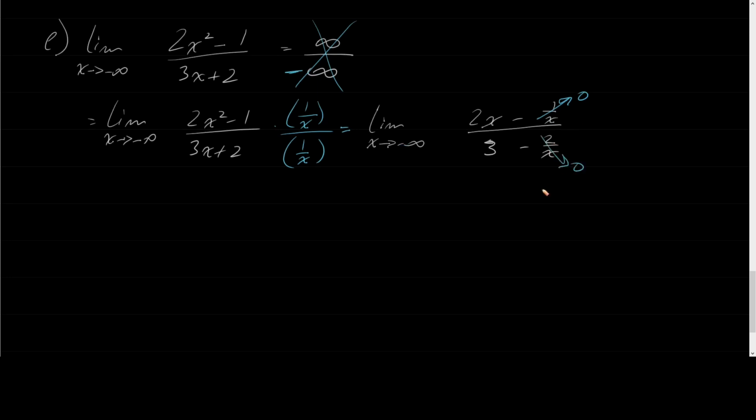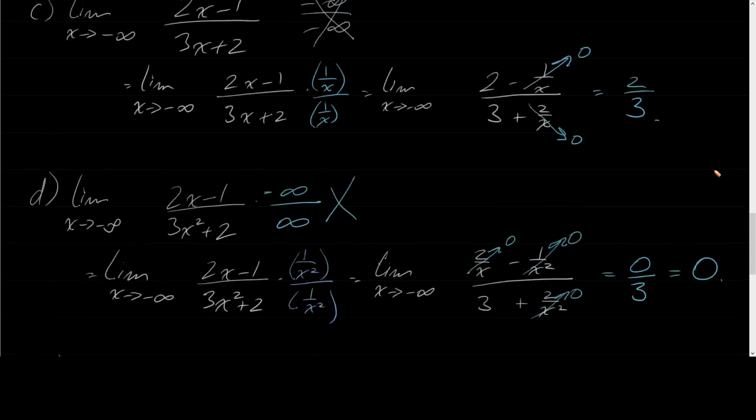This also goes to 0, but this goes to infinity. So essentially what we have here is infinity minus 0 over 3 minus 0. That's just infinity, right? Infinity divided by 3, infinity. So let's see essentially what we found here. So, well, this does not exist.